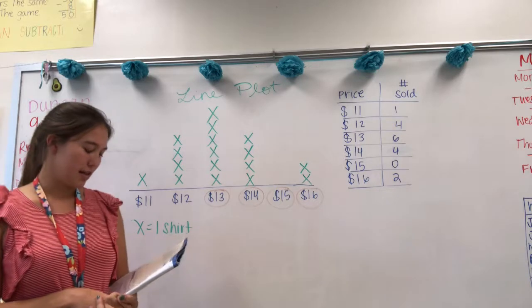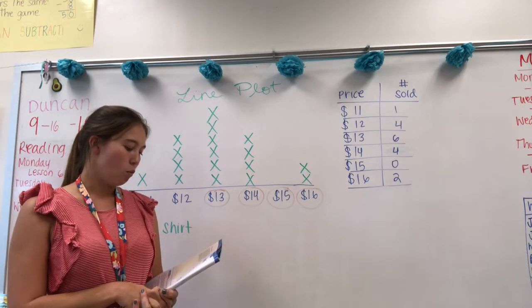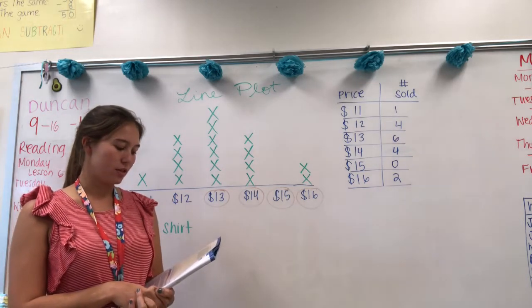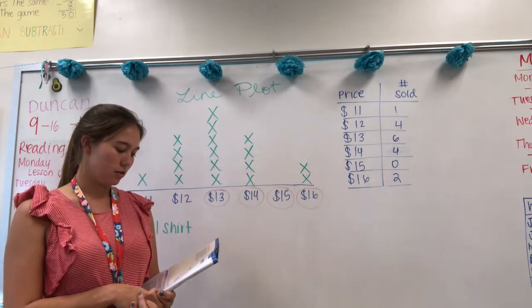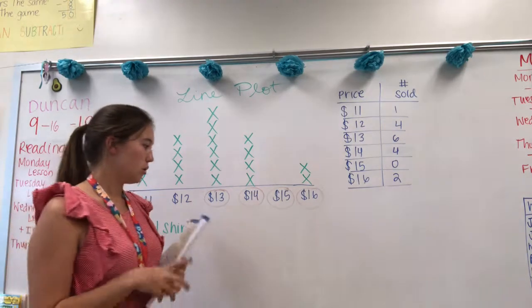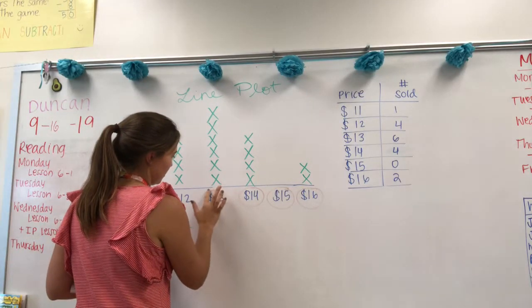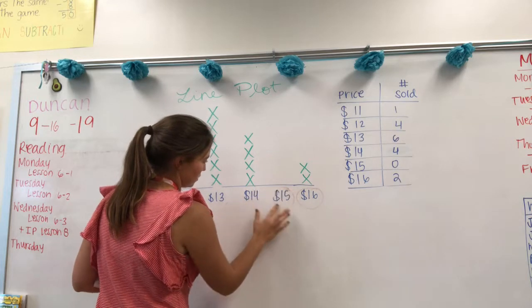Number 3 is saying use the line plot above for questions 3 and 4. Were more shirts sold for less than $13 or more than $13?